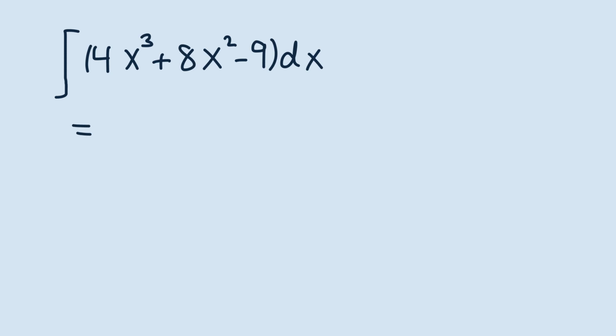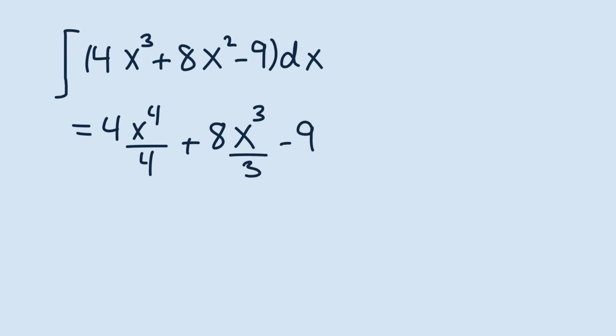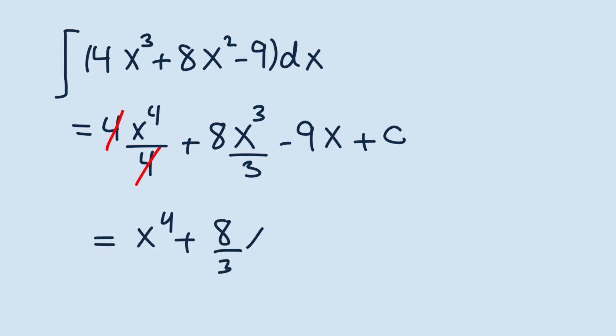It will be 4x to the power 3 plus 1, which is 4, divided by 4, plus 8x to the power of 3 divided by 3, minus a constant number, we simply add x to that, plus c. So we can simplify it. The final answer will be x to the power 4 plus 8 over 3 x cubed minus 9x plus c.